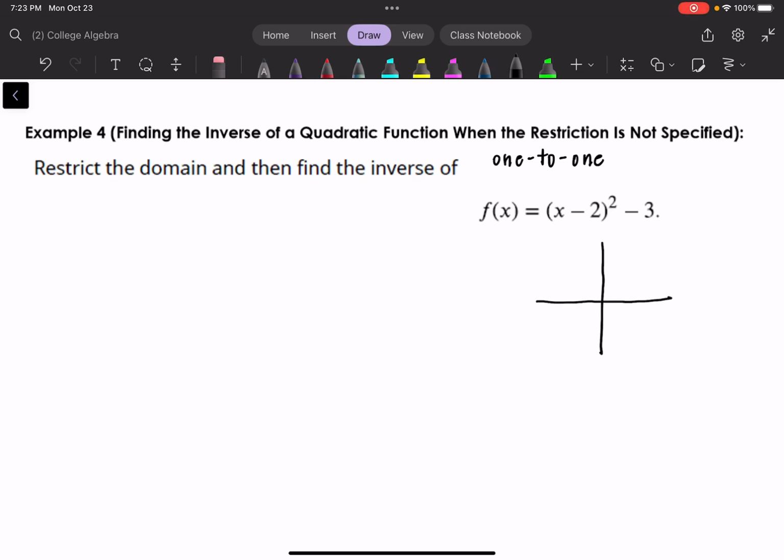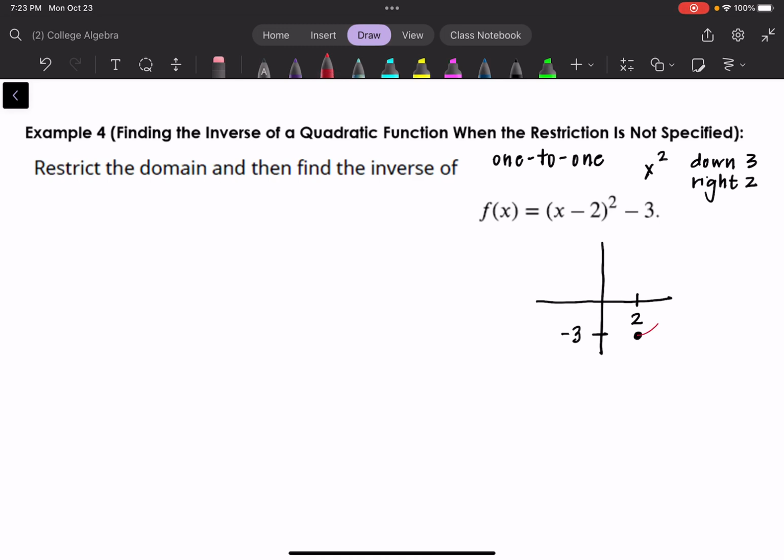And in order to do that, we're going to go all the way back and remember that this function is a toolkit function, x squared, that has been shifted down 3 units and to the right 2 units. And so our vertex is going to be (2, -3). And so this is where our vertex will be.